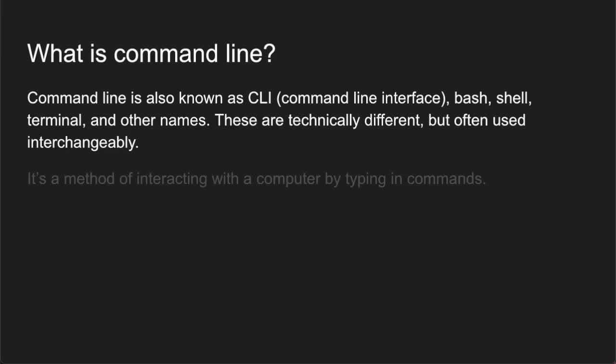Now, the command line, what it is, it's a method for us to interact with a computer by typing in a command. So rather than use a mouse to click on buttons or a finger to click on buttons, we are typing in commands to the computer and instructing it to perform various actions.